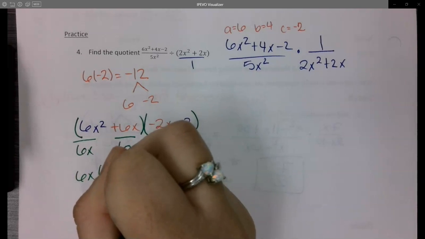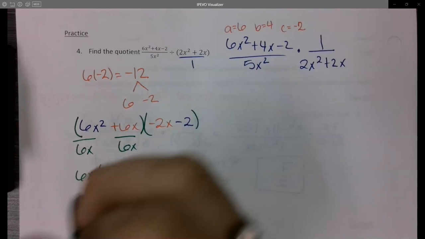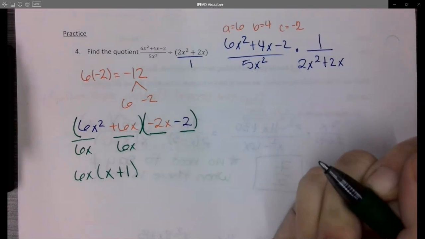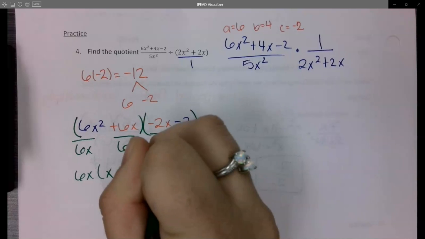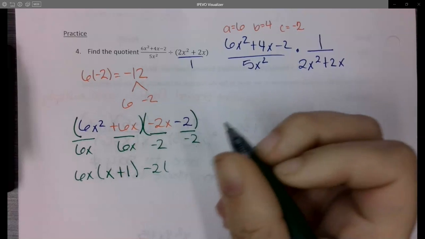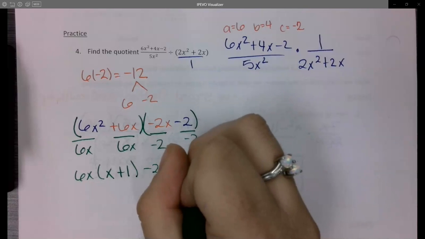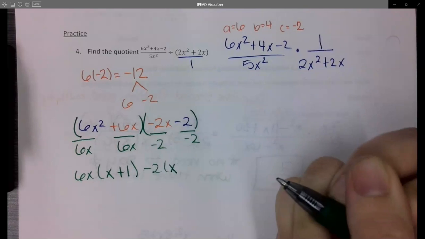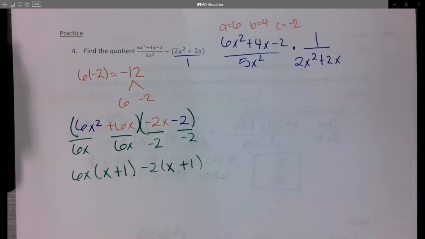Remember, anything divided by itself always gives 1. This is a problem I see even in my college classes. Okay, on my second group, what should I take out of them? Negative 2x divided by negative 2 is x, and then negative 2 divided by negative 2 gets me 1.